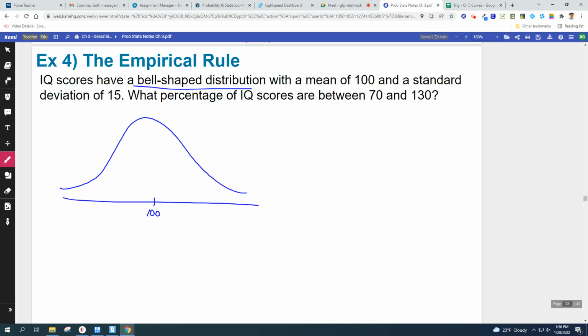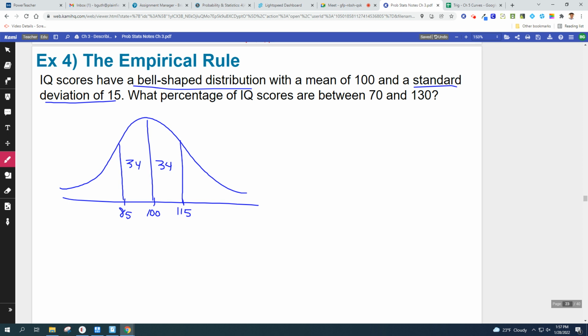When they say there's a standard deviation of 15, what that means is if I add 15 or I subtract 15, then I would know that about 34% of the numbers are here and 34% of the numbers are here.